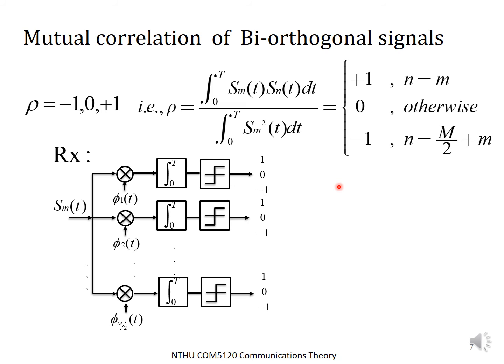Again, based on this bi-orthogonal signal basis, we can construct the architecture of the transmitter and receiver, which requires only half the number of bases: phi 1(t), phi 2(t), up to phi M/2(t).